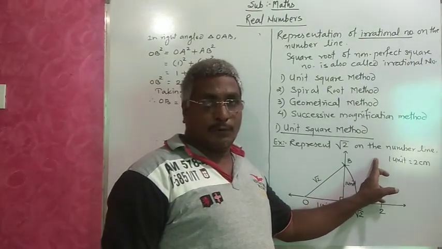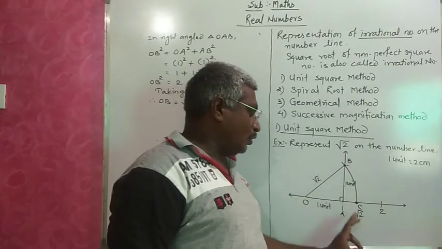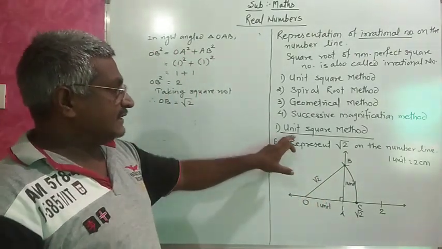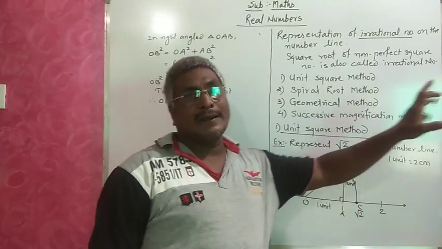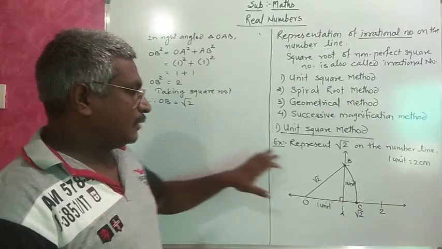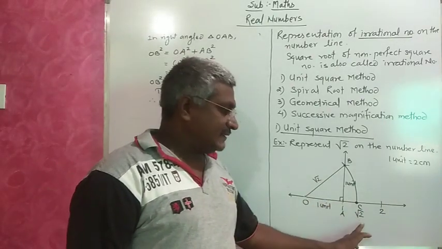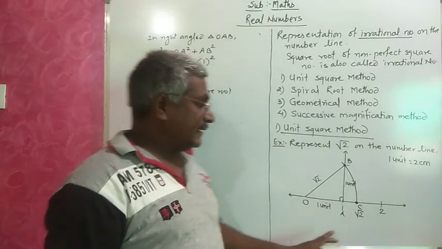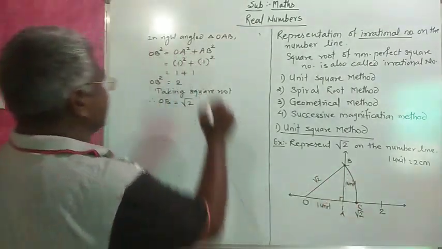Understood, student, how we are representing root 2 on the number line? This method is called the unit square method. Clear, student, how to represent? This is root 2. Hope you understand. So this is the justification.